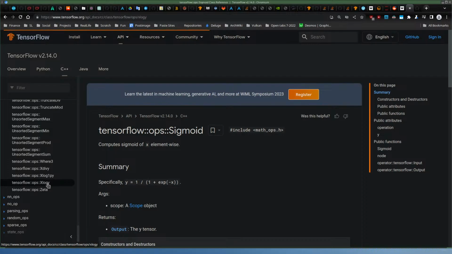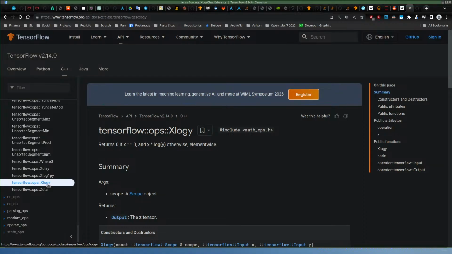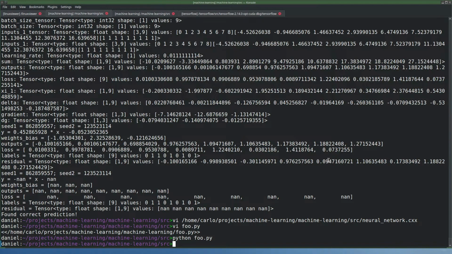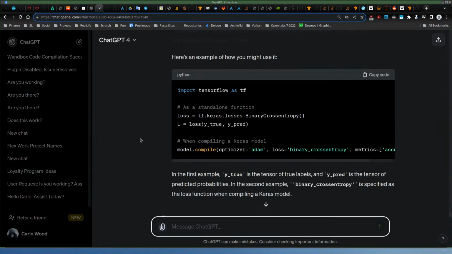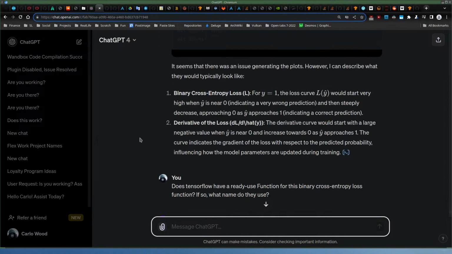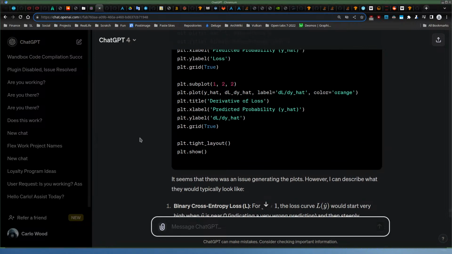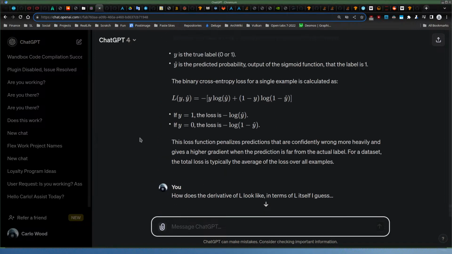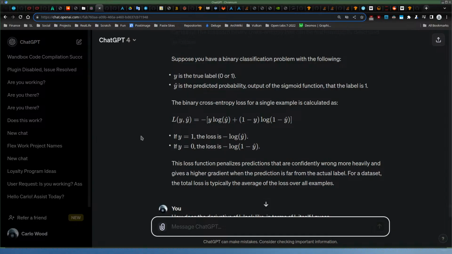What is x log? Yeah, you can do that twice.